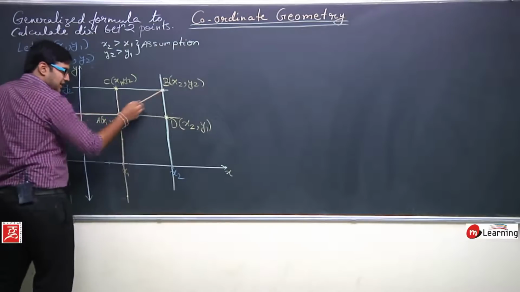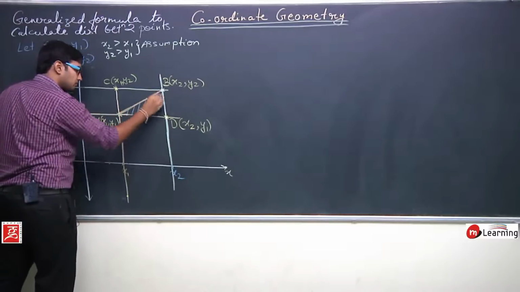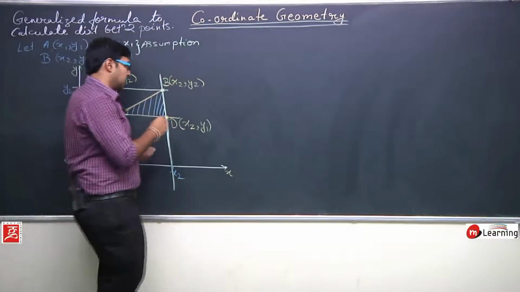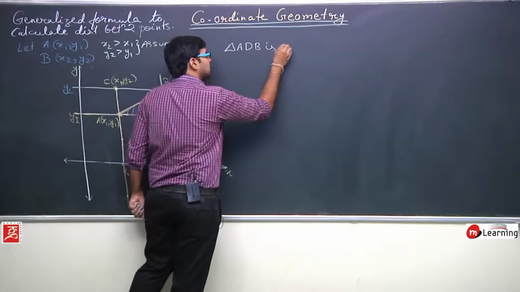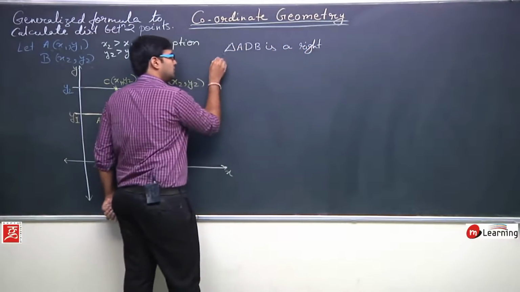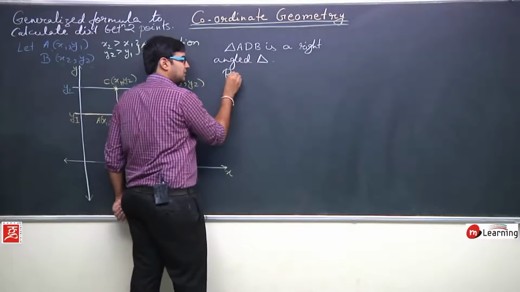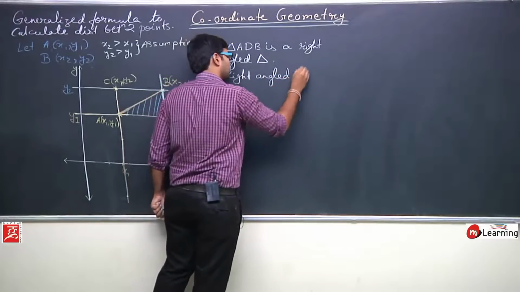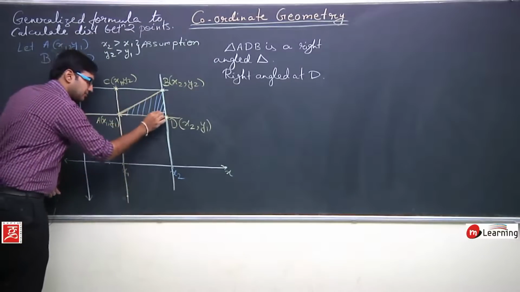So to calculate the length of AB, I am going to use this triangle. In this triangle, I can see that triangle ADB is a right angled triangle, and it is right angled at point D. This angle is 90 degree.